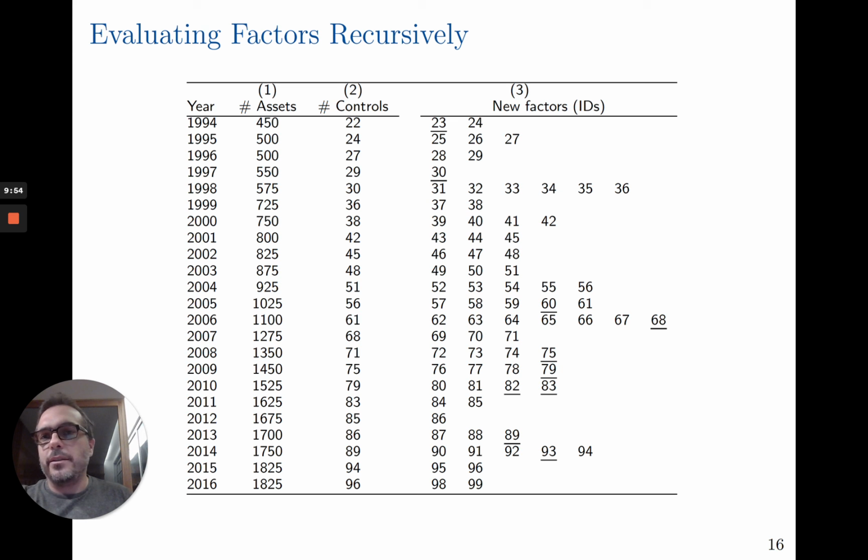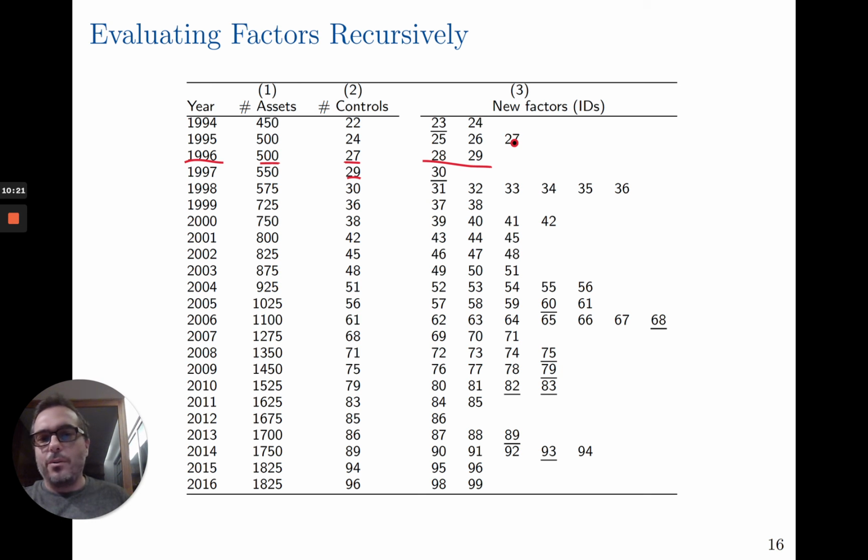Then 1 year later, there are 50 more assets, 2 more controls, the previous two, and 3 new ones. None of the 3 are relevant. 1996, again 527 because it's 24 plus the other 3. 2 new, non-relevant. 97, 29, 1 proposed, 1 relevant.